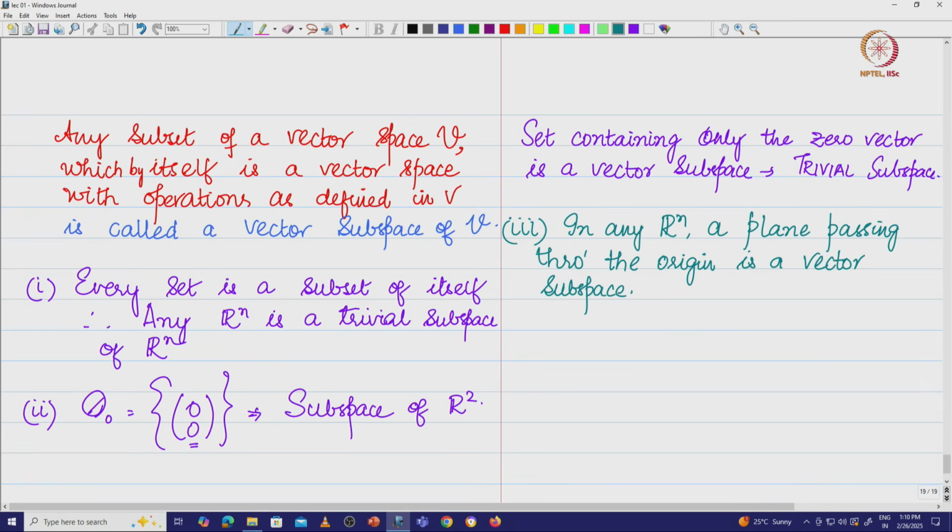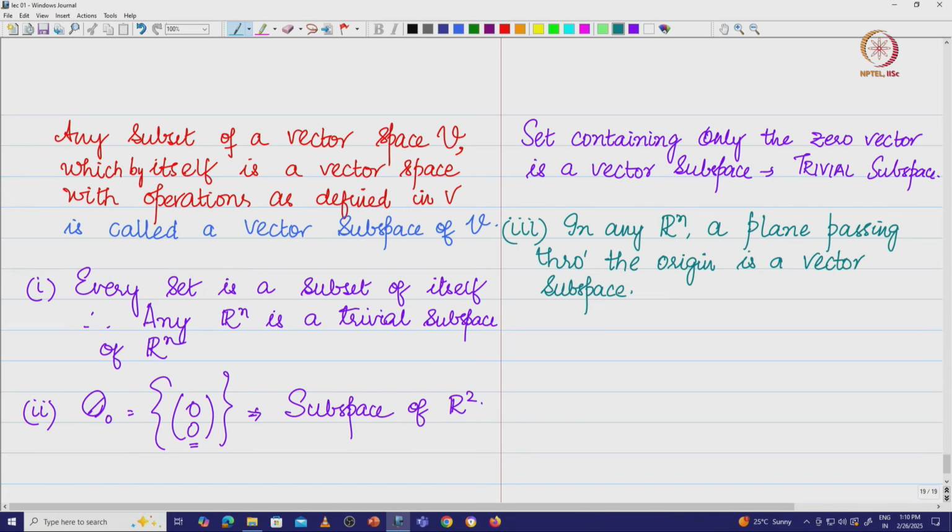So, the question is, why would we want to look at this idea of vector subspace? Why are we not just happy with looking at a vector space and leaving it like that? Look at the set of integers.